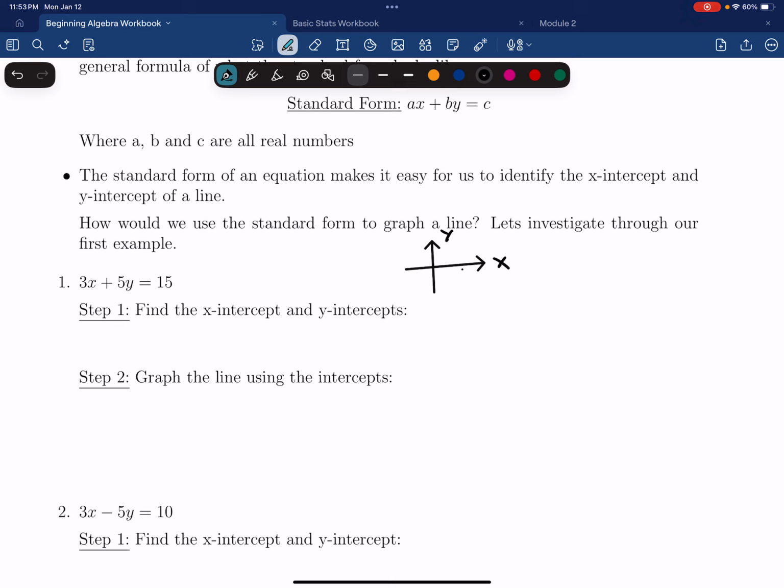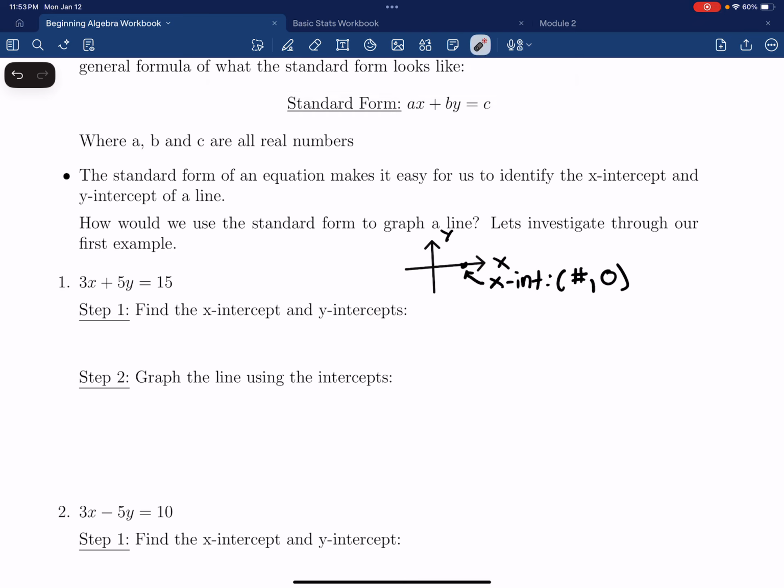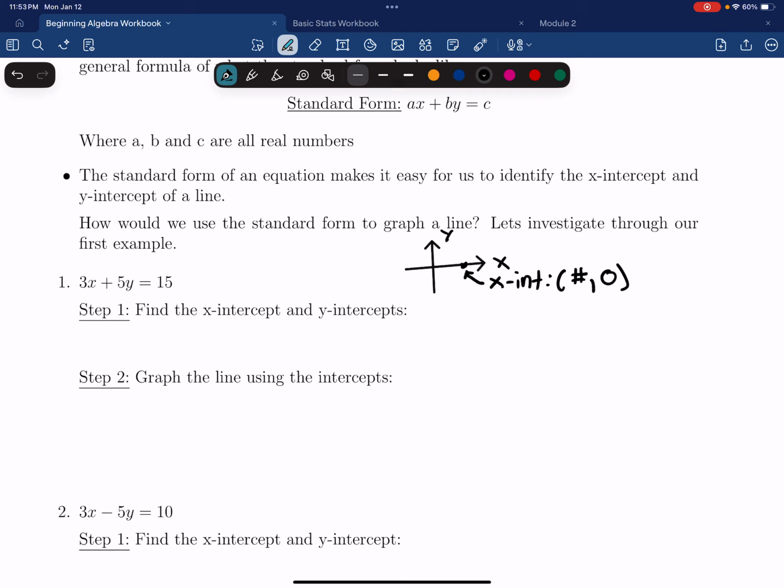So we know when we have an x-intercept, we're going to have some value for x, and we know that y is always going to be 0 at an x-intercept. Because at the x-intercept, y has to be 0 because we're not up or down any value, we're at 0. So for sure, at an x-intercept, y has to be 0.